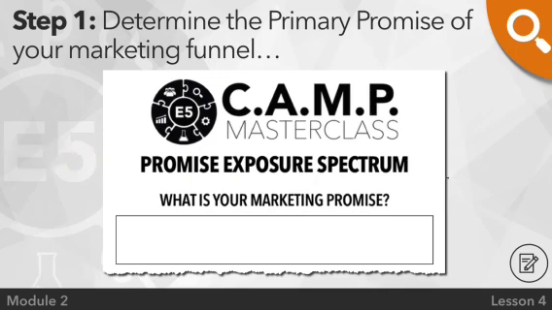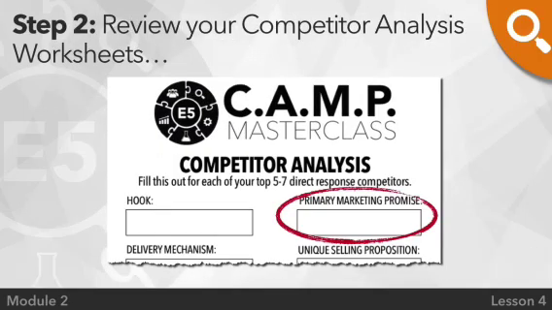Again, this is simply what is it that you are promising prospects they are going to experience by going through your funnel? What benefit are you promising them they're going to experience? What outcome, what result, what transformation, what change in their life are you promising them they are going to experience? That's step 1.